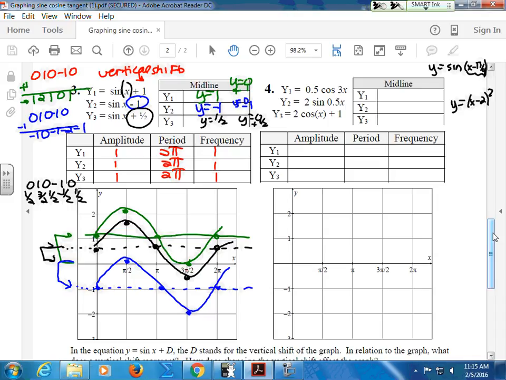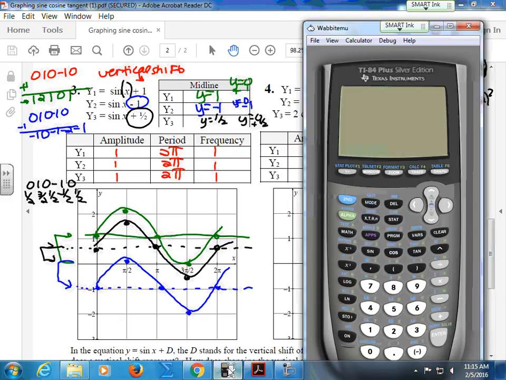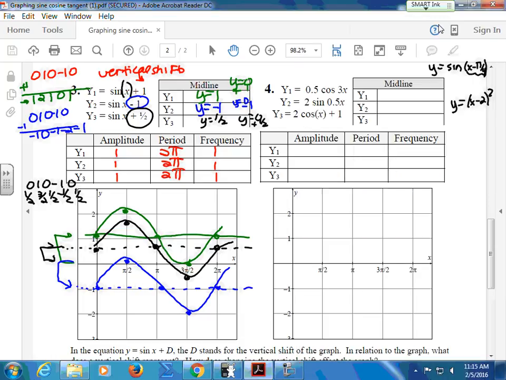Especially if you put this in your calculator. When you go to put this in your calculator, where are you going to put your parentheses? You're going to put your parentheses around the x. See the x parentheses? And then you're going to say plus 1. Your phase shift, you're going to keep it inside, just like you do with your squaring. So if we get a horizontal one, it will be in the parentheses.